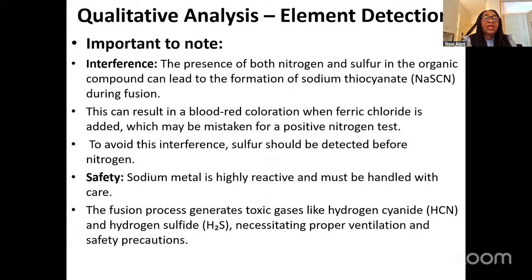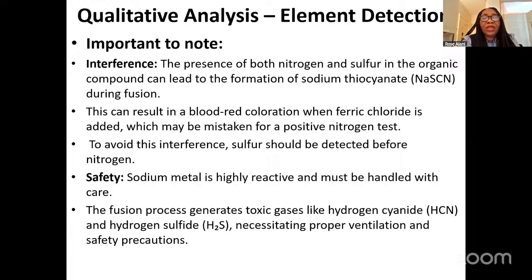But there's something we have to note. There could be some interferences. For instance, the presence of both nitrogen and sulfur in the organic compound can lead to the formation of sodium thiocyanate during the fusion.